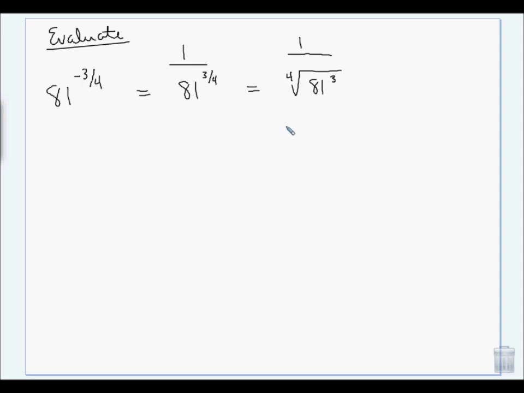All right. So now I'm not going to multiply this out. I'm not going to multiply 81 times 81 times 81 to try to figure out then the 4th root of whatever giant number that is. That doesn't make any sense, does it? So what I am going to do though is 81 to the 3rd is this.